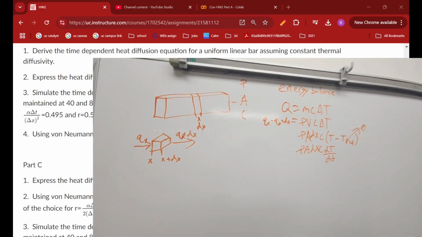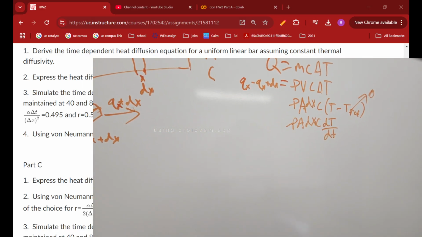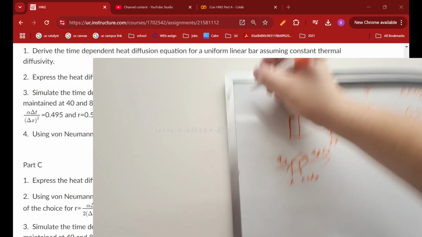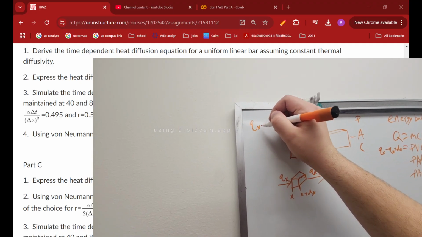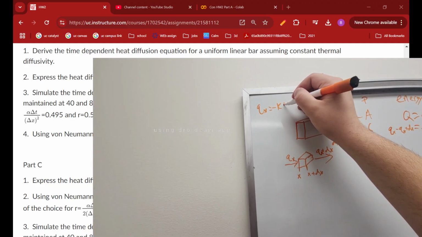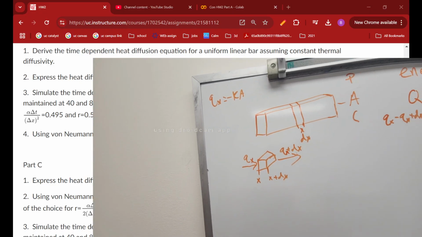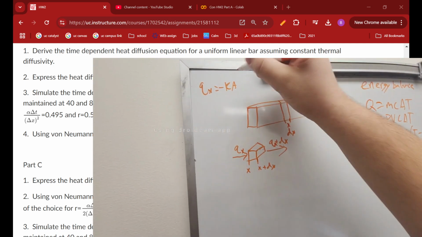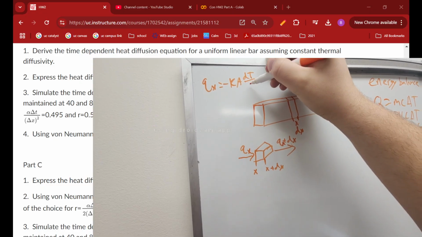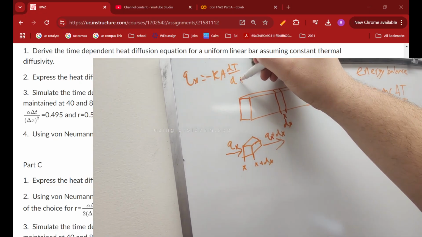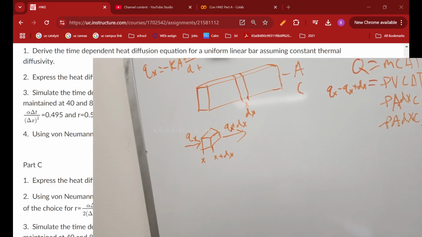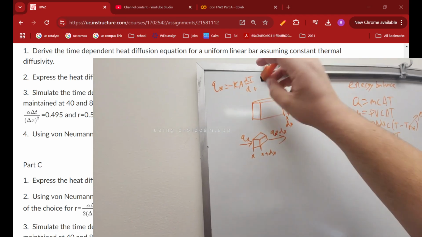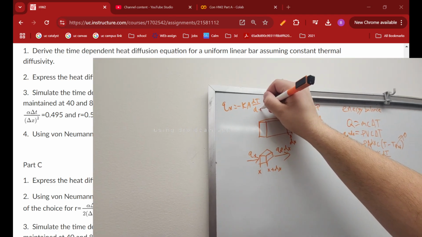And then we know that Qx can be equal to negative k, which is our thermal conductivity, times area times dT over dx, or not with respect to time, with respect to position, sorry.